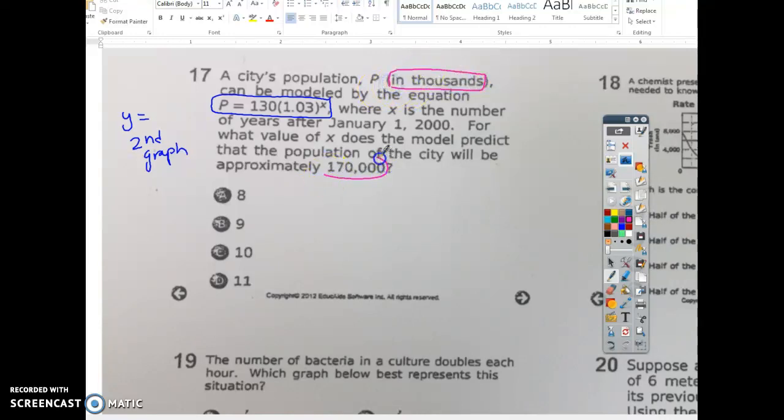So when you're looking for 170,000, you're really looking for 170. When does it give you 170? Because this is going to be in thousands. I know that I start with 130,000 because that's what this says right here. So we want to know, when will it reach 170? So this is the number that you're looking for. Put this in y equals, second graph and go look for the number when it gives you 170.